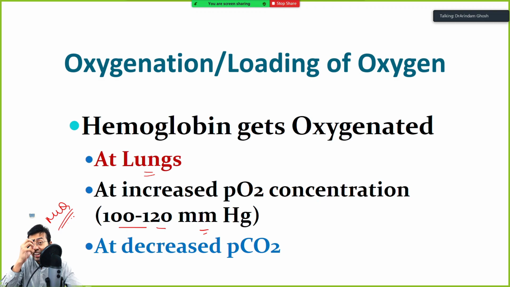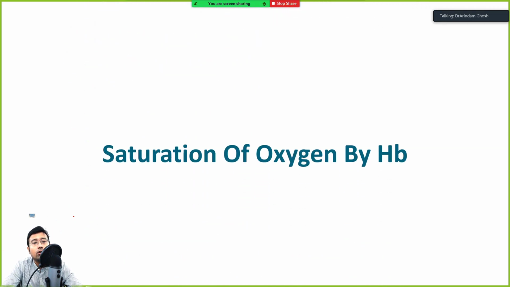Whenever the oxygen tension or oxygen partial pressure is around this range, 100 to 120, then formation of oxyhemoglobin takes place. And naturally the carbon dioxide partial pressure needs to be low. So oxygen needs to be high, carbon dioxide partial pressure needs to be low, and the value of oxygen partial pressure should be 100 to 120.